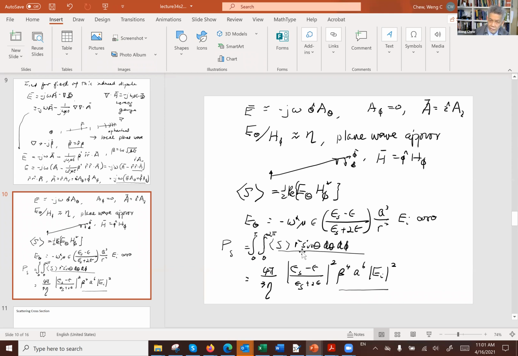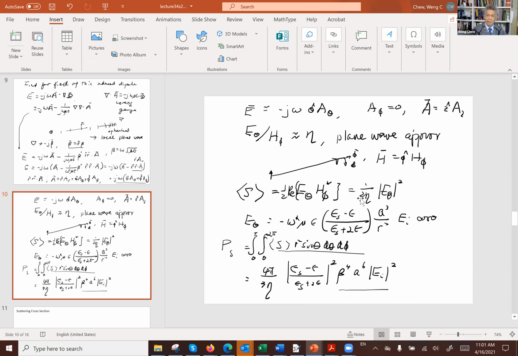So it's a straightforward plugging and chugging. You plug in your E theta, plug in your H phi, and because they are related to each other by this one, this will give you something like 1 over 2 eta E theta squared, because E theta and H phi are related by this number over here.